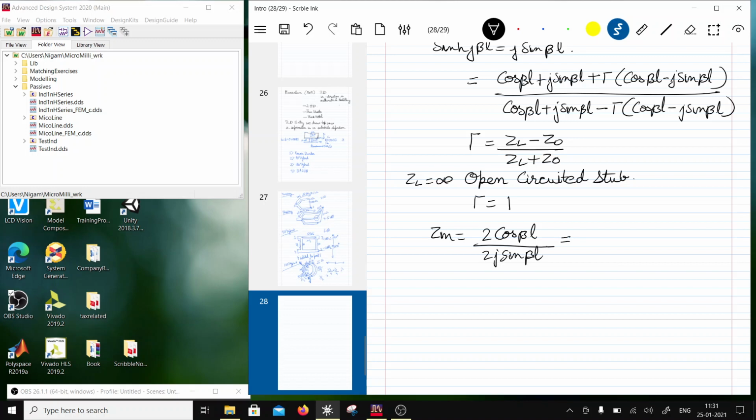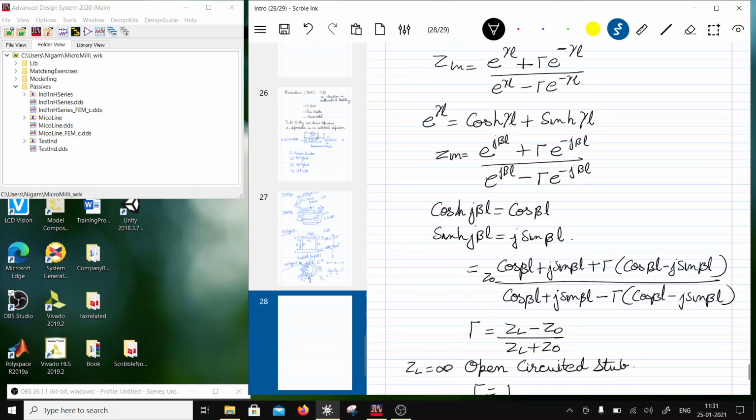That means this is equal to 1 over j tan(βL). There is a Z0 which I forgot here and here.